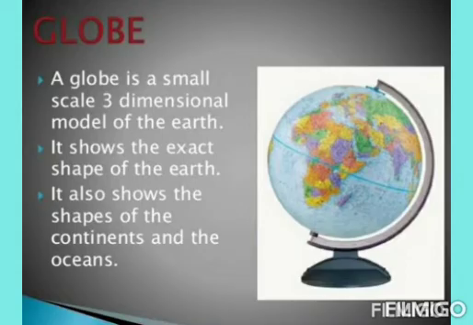Next we see the globe. The globe is a model of the earth. We can't go personally and see how our earth is in each direction. We are in a very small place on the earth's surface.